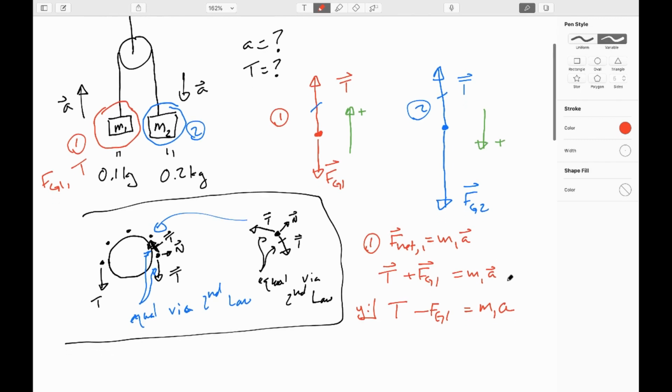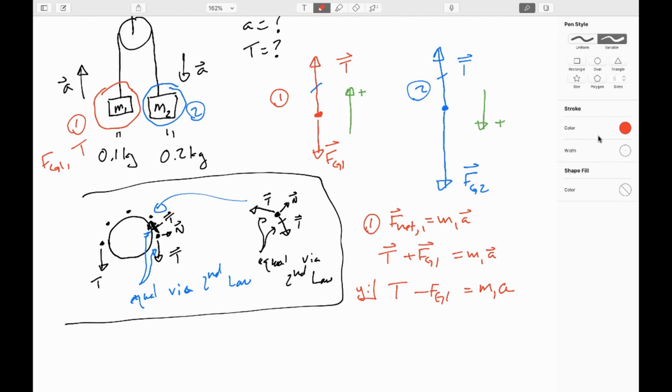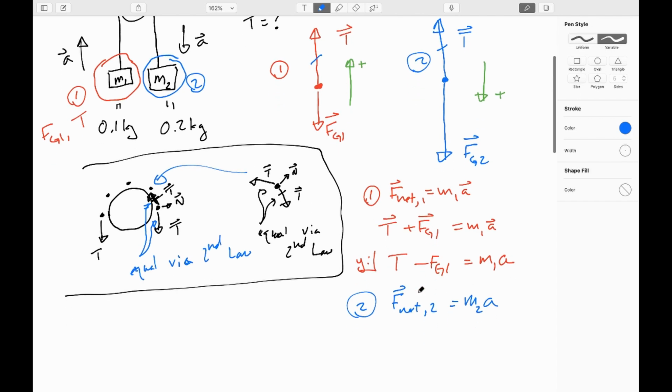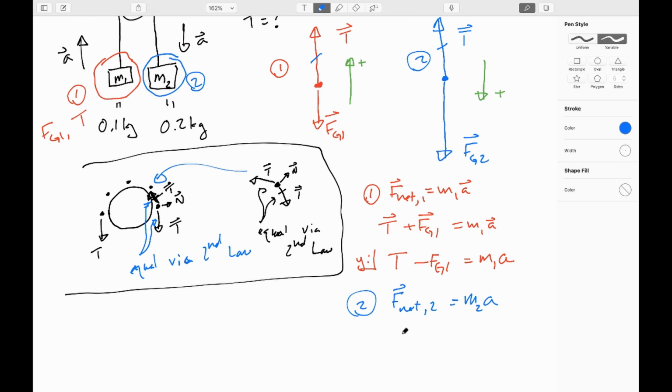Okay, now let's do our second free body here. So this is going to be F net on object 2 equals M2A. And same deal, we'll be writing as a vector T plus FG2 equals M2A. Then we'll take the y component of that.